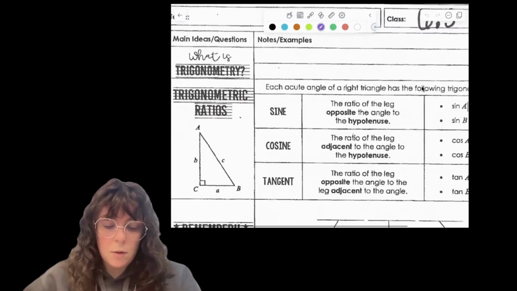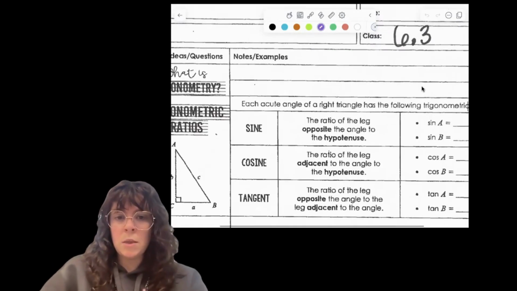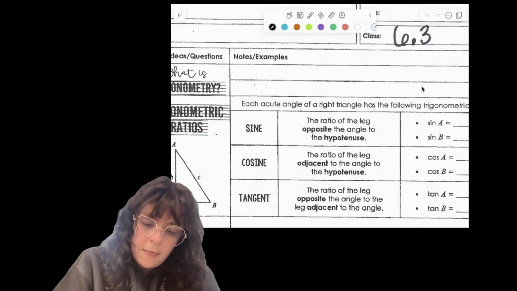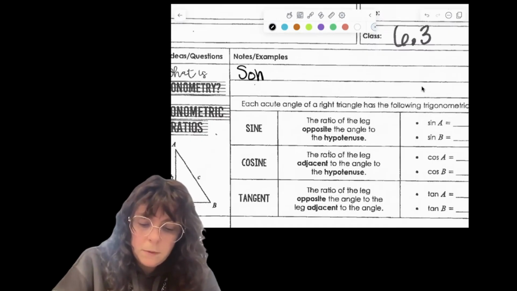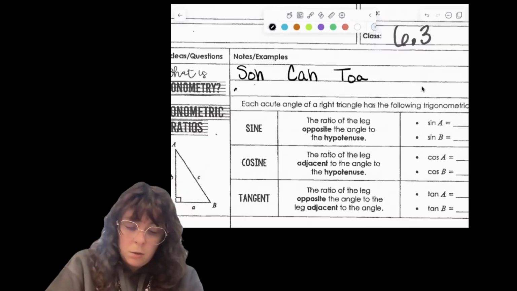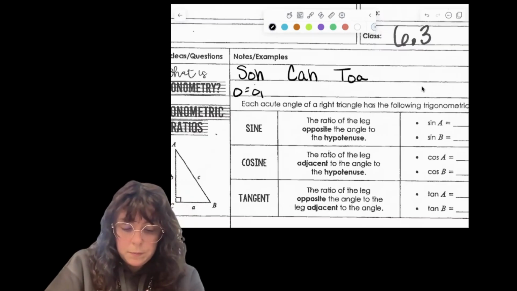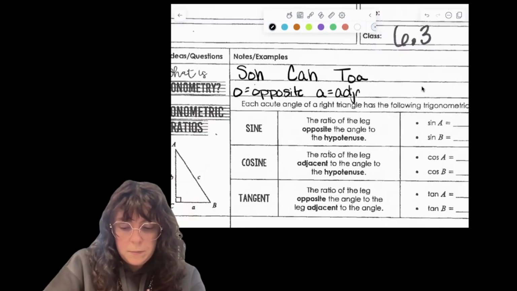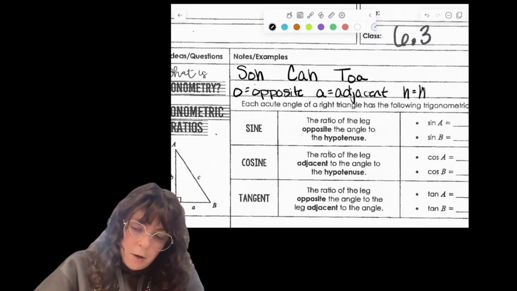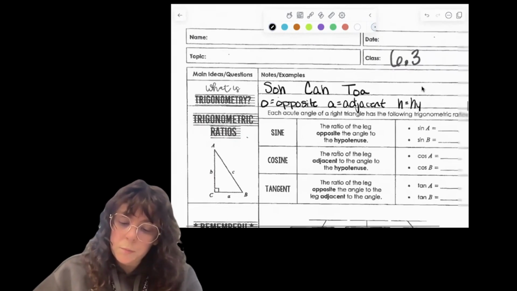All right, so the saying that can help you remember is SOHCAHTOA. The O means opposite, A is your adjacent, and H is your hypotenuse.